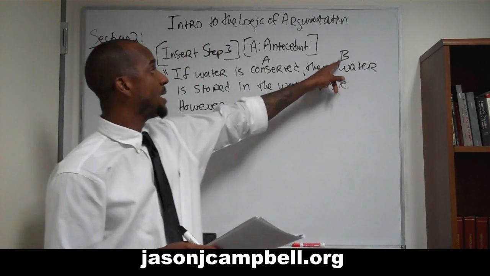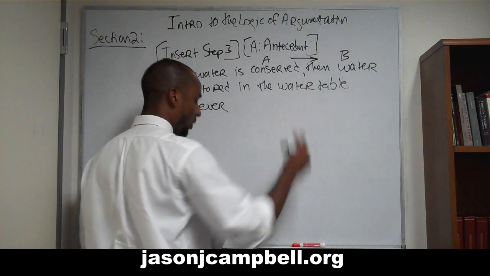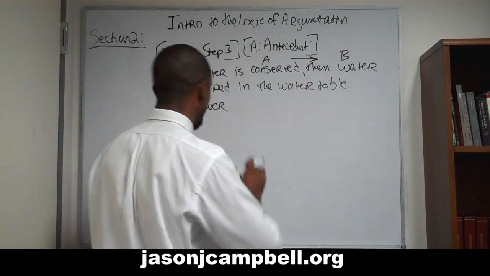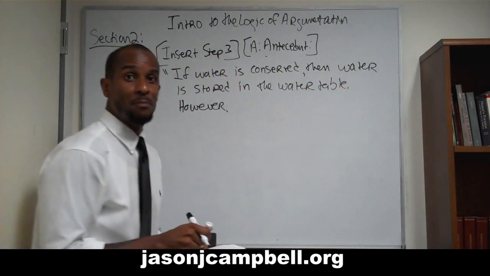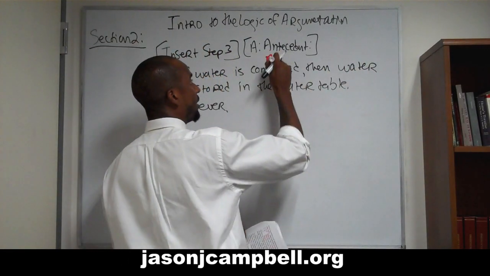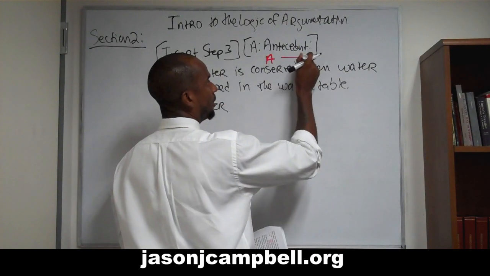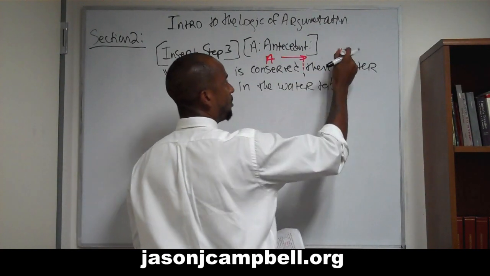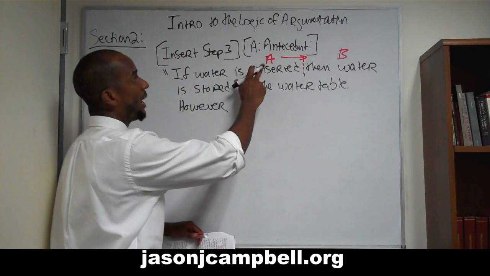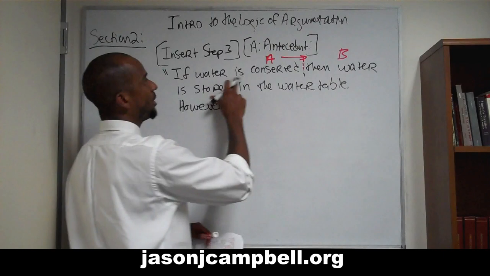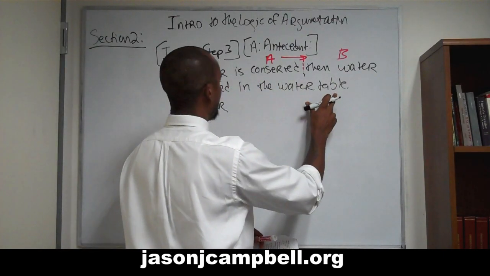The consequence here, we know B is the consequence. So that you can see the logic embedded in the argument, here's A, this is the line of demarcation by the comma. There's an invisible arrow, and this is B. So if A, then B. If water is conserved, then water is stored in the water table.